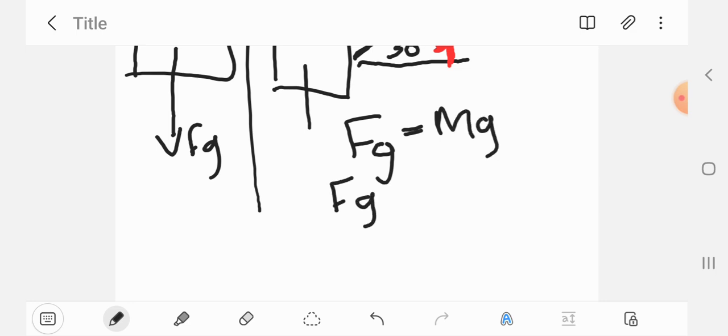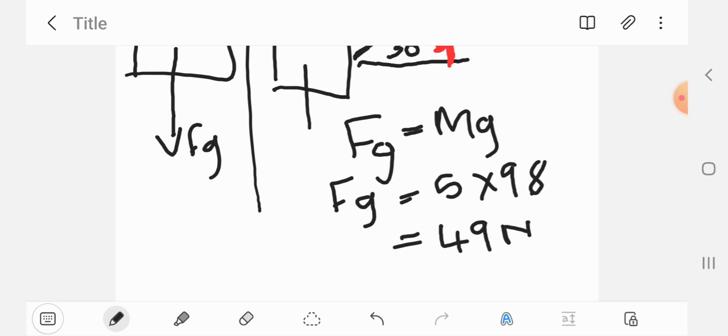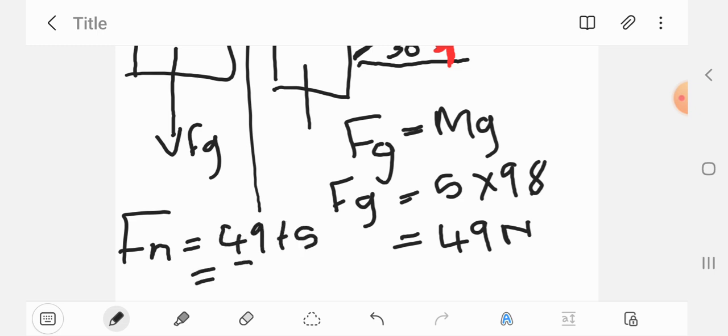So Fg equals to mass, let's say the mass of that box is 5 kg, and then we multiply it by 9.8, which is the acceleration due to gravity. You punch that in the calculator, you're going to get 49 newtons. That is gravitational force. But then normal force will equal 49 plus that 5 we calculated, and that will give us 54. Yes, I've shown you that.